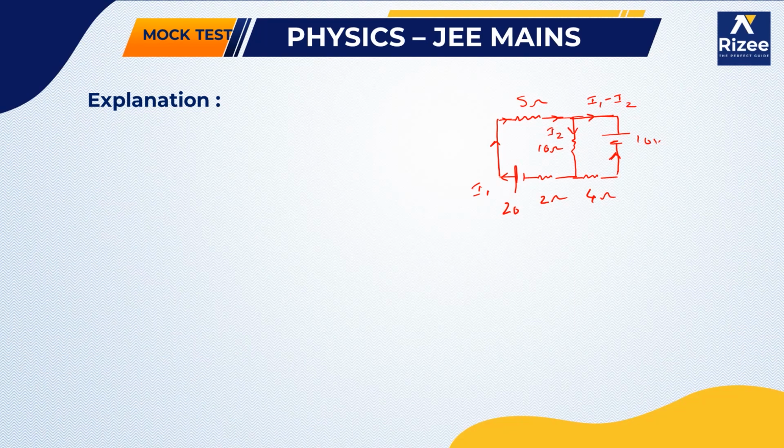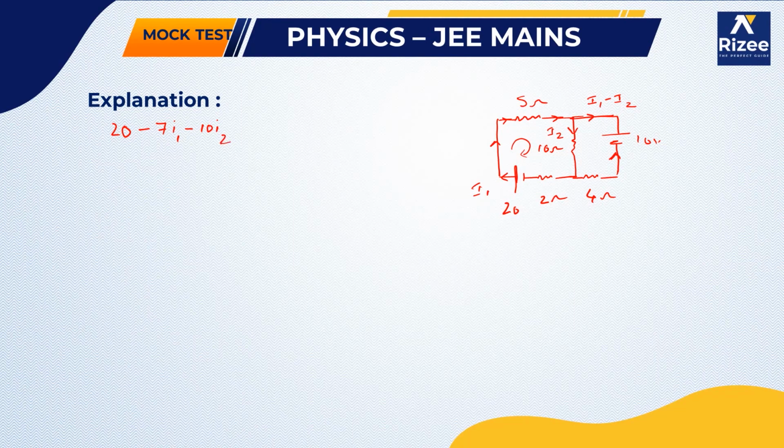Now let us take the loop equation for the first loop. It can be written as 20, since the current is going from the lower to the higher potential, plus 1 minus, so I'm writing combined for the 5 ohms and the 2 ohms in the first loop, that is 7 I1, and there is 10 I2 in the middle branch.